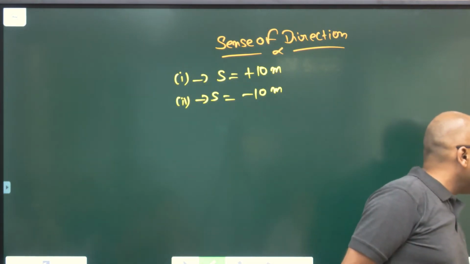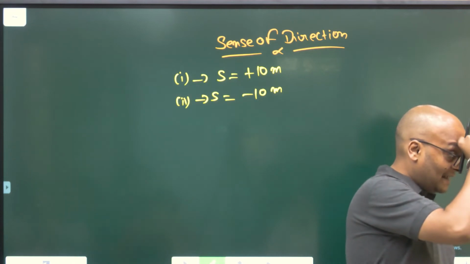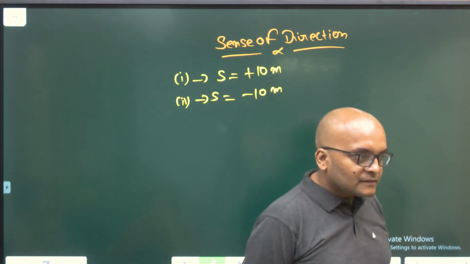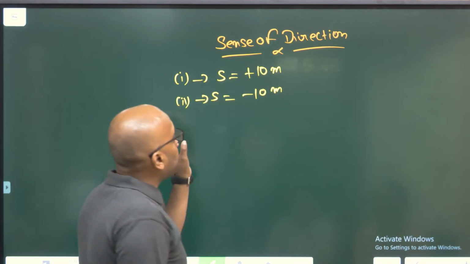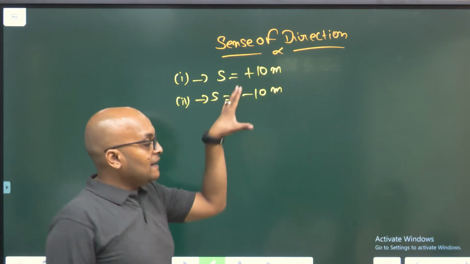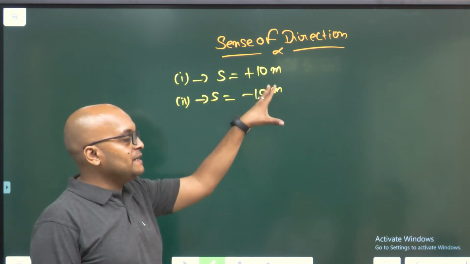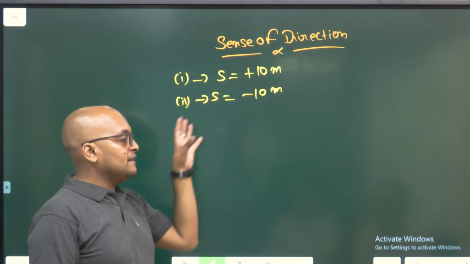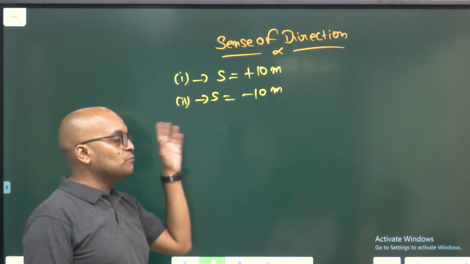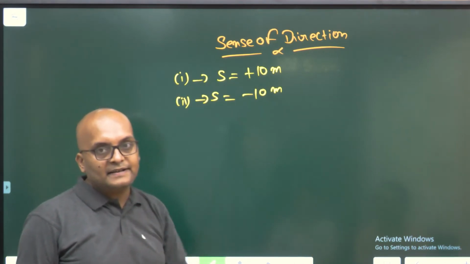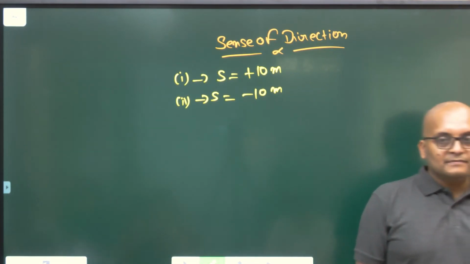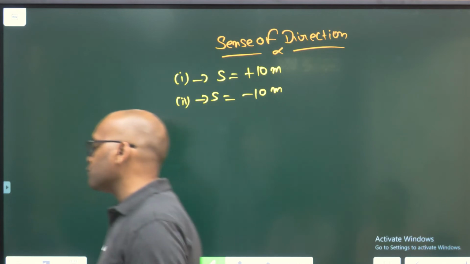Shireen, what's the direction? I didn't get the question. A body is moving and it has got a displacement of 10 meters at the time of observation. Can you predict the direction in which the body is moving in the first and second case? Direction of motion I want to know, my dear.